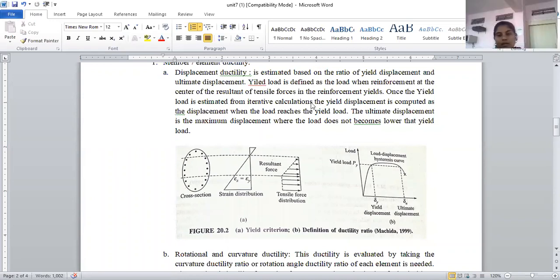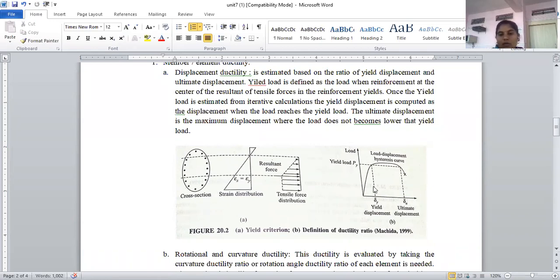I hope you have completed the displacement ductility with its figure. Okay, what is the displacement ductility? It is a ratio, a dimensionless quantity, and it is the ratio of the yield displacement to the ultimate displacement.